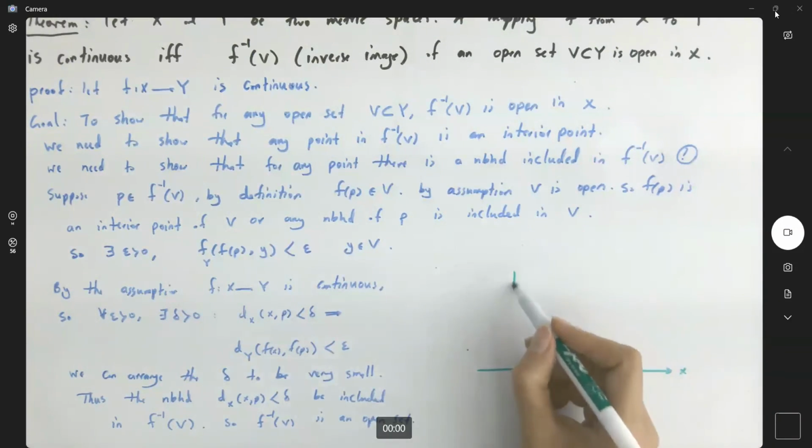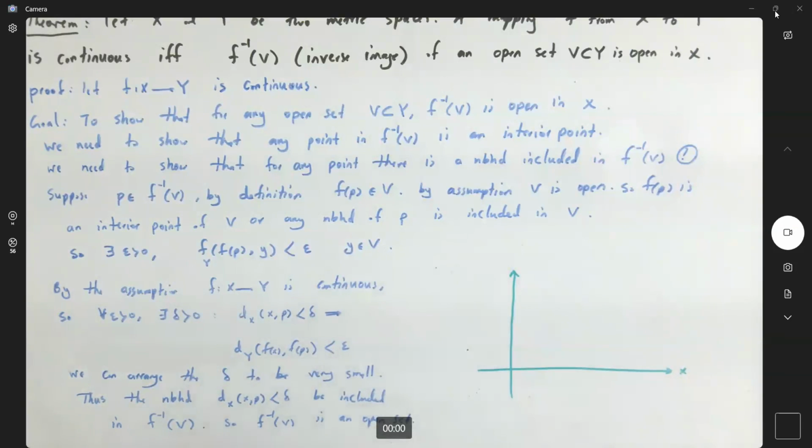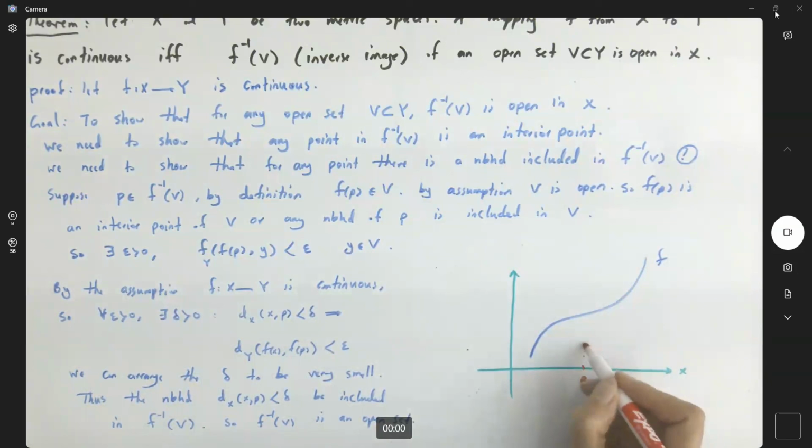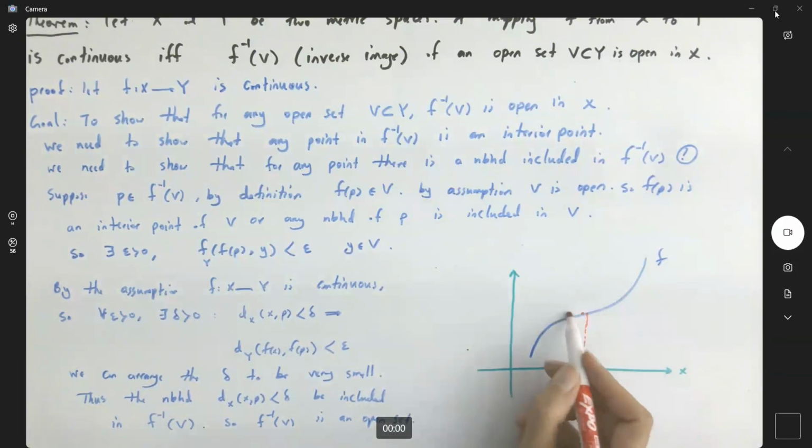So your x-axis and your y-axis. Suppose you have your continuous function f. This is your p, and then you have your f of p.